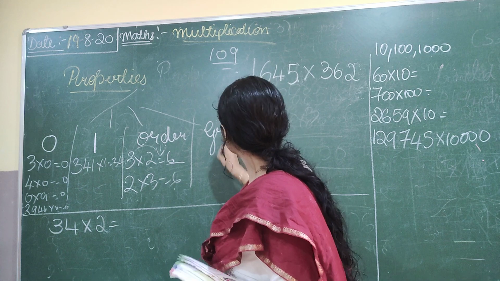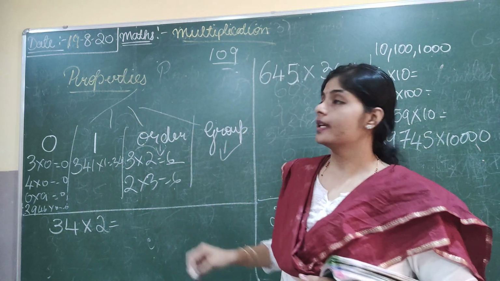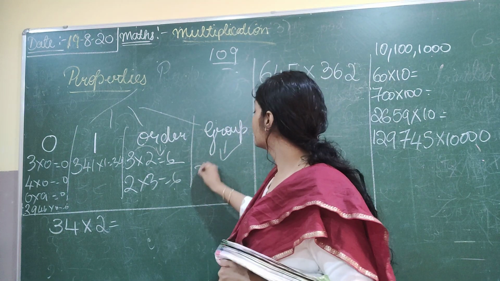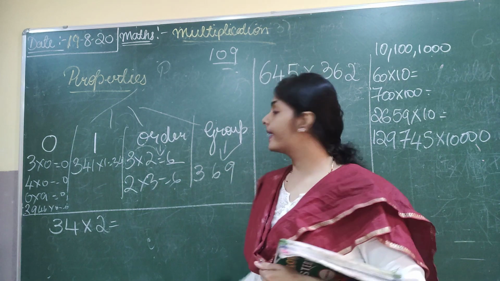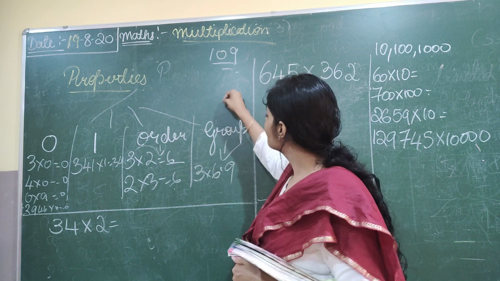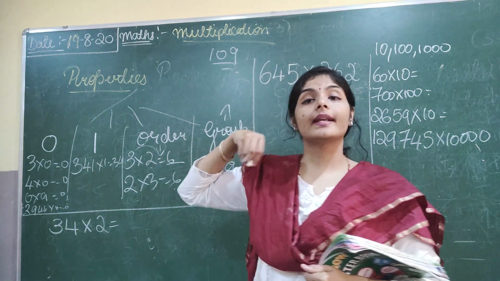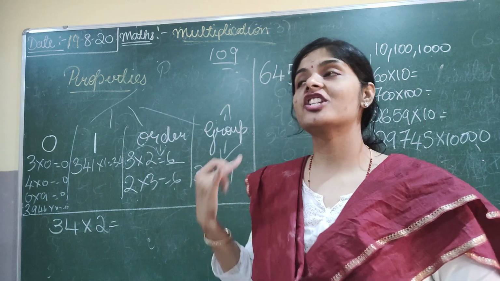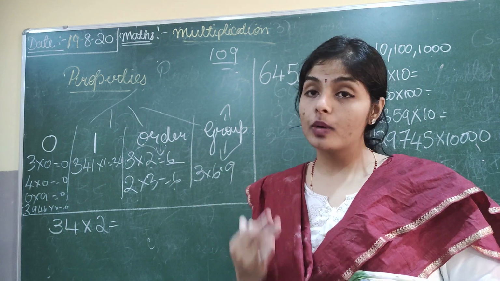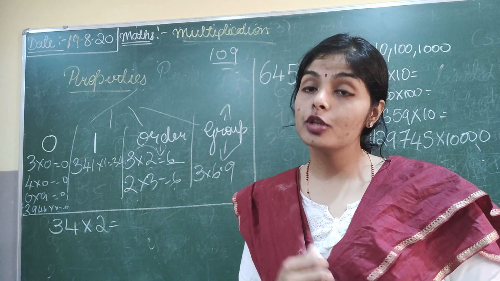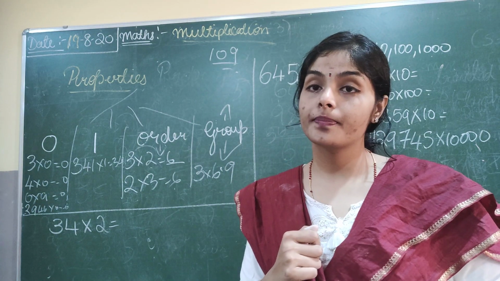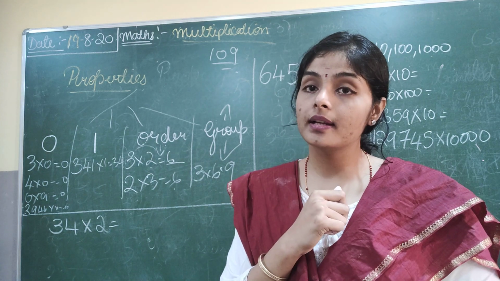Next, group. Now in group, you have 3 numbers: 3, 6 and 9. You have to multiply this. When you see a group, it may be in addition, subtraction or multiplication. I told you in addition, if you have more numbers, how should you add? Using which property? You have 2 properties, right?